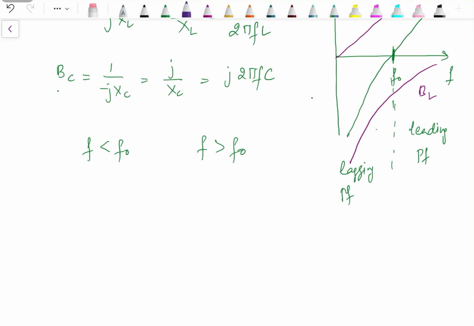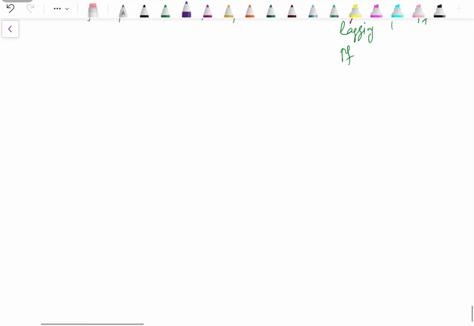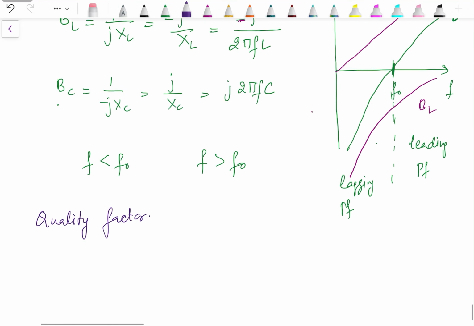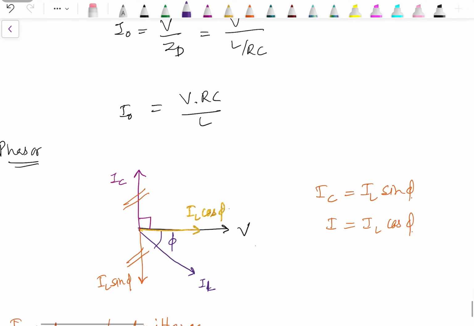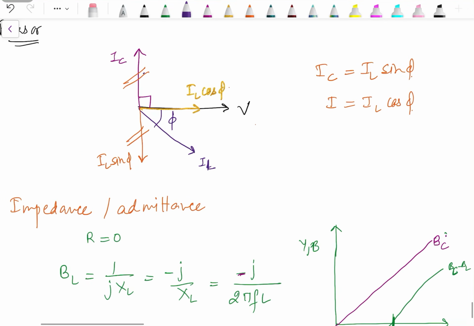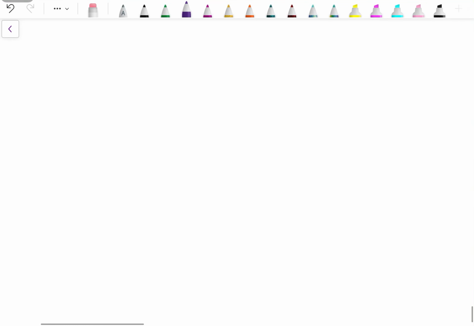Now, in case of parallel resonance, we can have the quality factor, which will give us the measurement of current magnification, since in case of parallel circuits there is magnification of current. Though these two currents are cancelling out each other, the current through the inductor or the current through the capacitor is many times the total current.